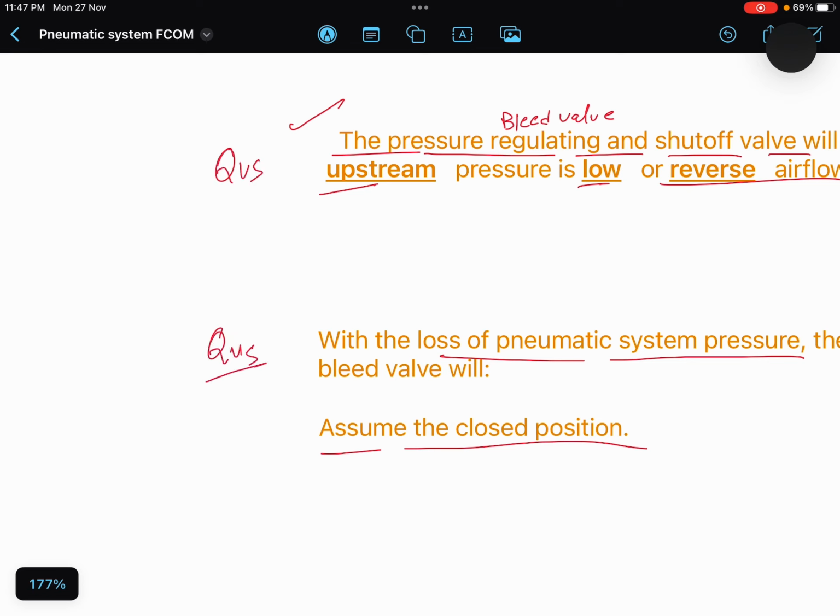Guys, trust me, if you have watched this whole pneumatic system explanation from the FCOM, which is I think a 1.5 hour long video, after that video you will not be facing any difficulty in solving the questions of pneumatics, except 4 or 5 questions of smart cockpit, because those questions are from air conditioning and pressurization.